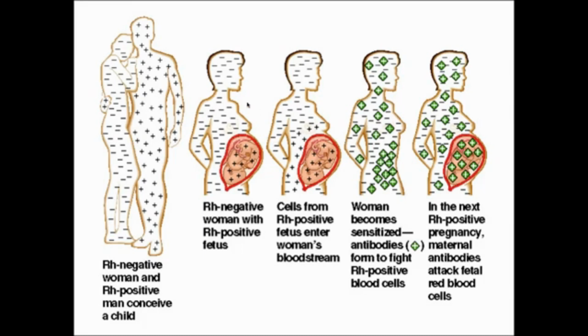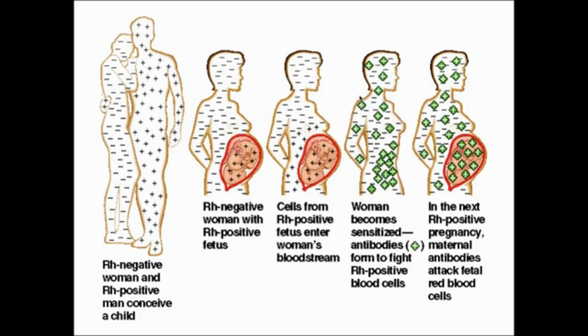And if her body has never seen the Rh antigen before, she will not produce antibodies against it. So everything is okay usually for the gestation of this fetus. Usually what will happen is during birth, if you've ever seen a birth, it's kind of a messy process, and the blood will mix, and the mother's body will be exposed for the first time, interestingly enough, to the Rh antigen, and she will become sensitized, right?